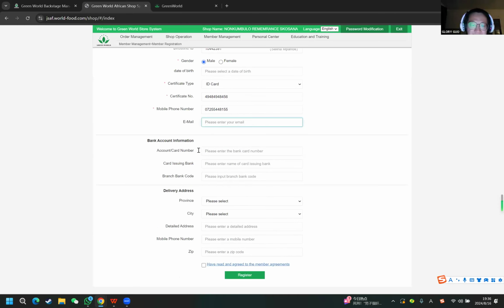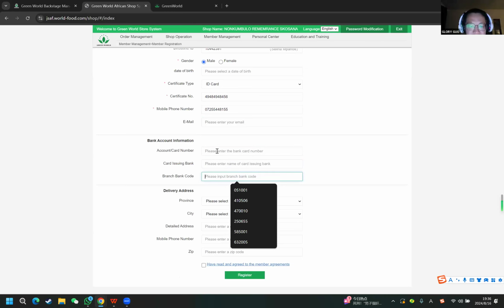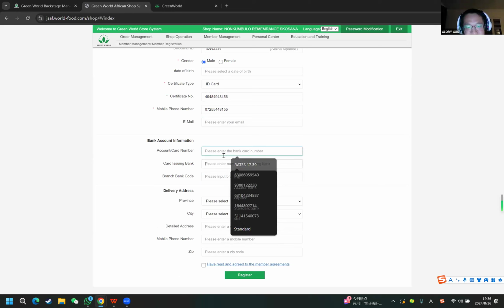After that, the bank account. The bank account, I must say something more. In South Africa, we transfer the money to the distributor's bank account directly. So we suggest all the shop owners ask for the bank account of the people who are going to join and put their bank account in the system.